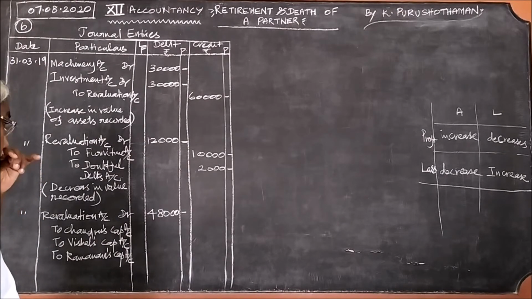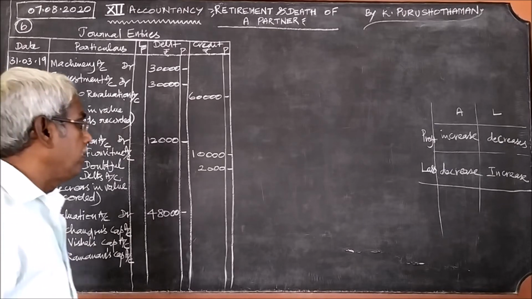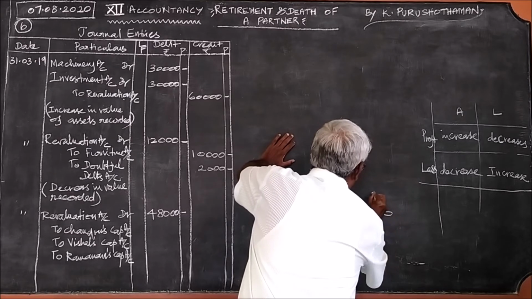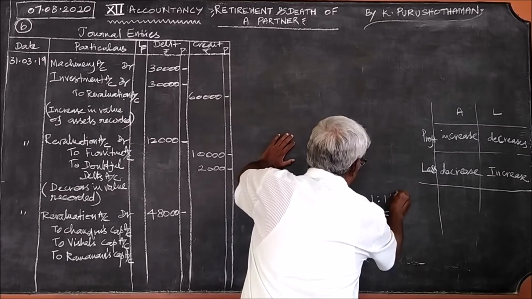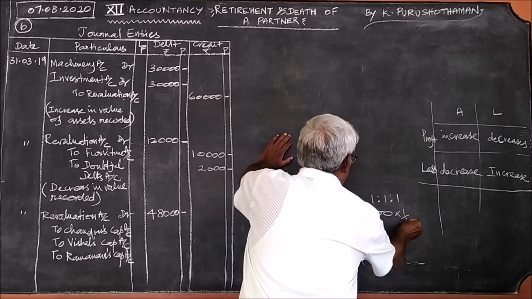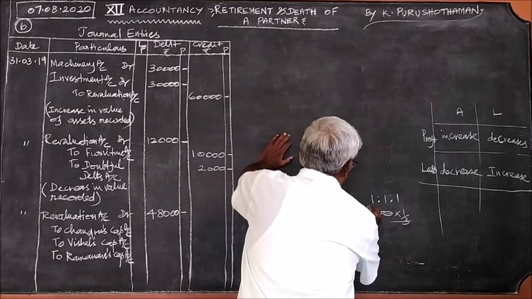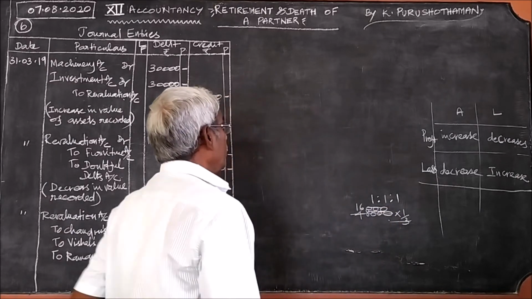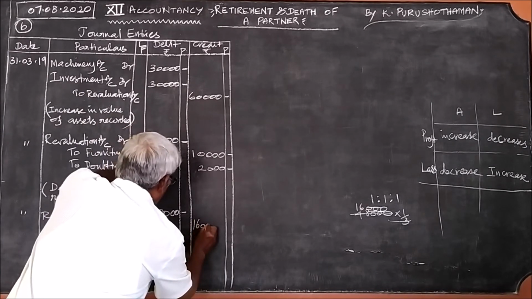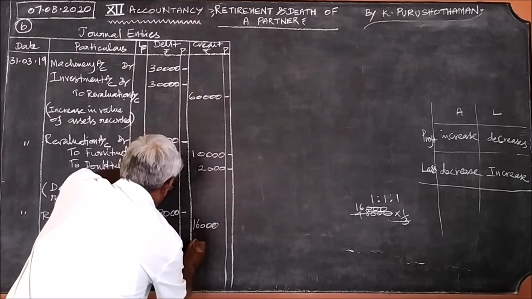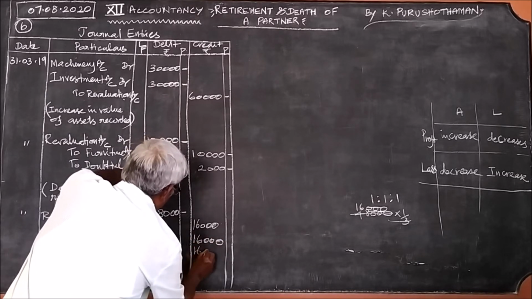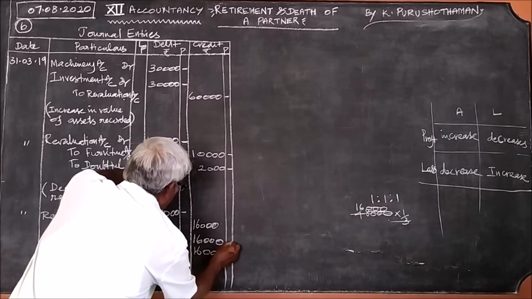So, this 48,000 should be divided among the partners equally. What does it mean? 1:1:1. Total 3. Therefore, 1/3, 1/3, 1/3. So, it is 16,000 for each and every one. Then for the third partner also it is 16,000.